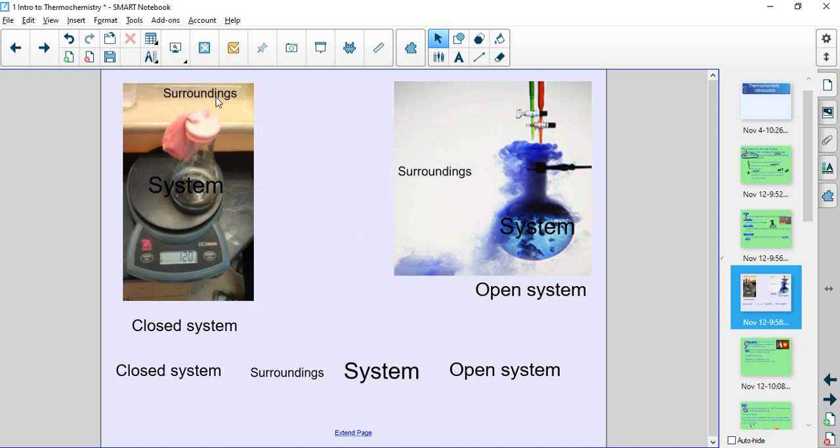Now, what is able to happen between a closed and an open system is that you still have a transfer of energy. Energy can be transferred between a system and its surroundings in an open system, and it can still be transferred between your system and your surroundings in a closed system. Remember, material can't escape in a closed system, but energy can.